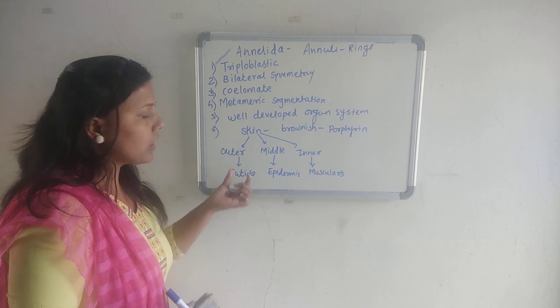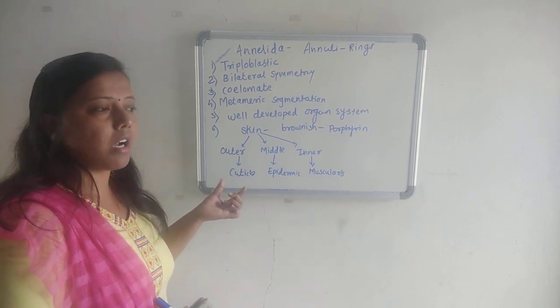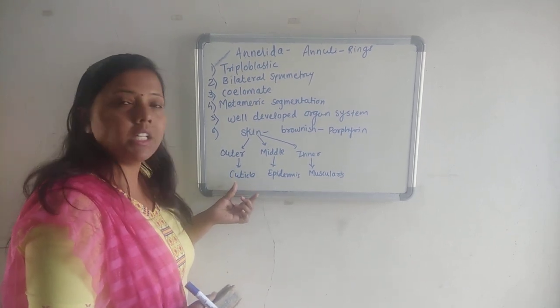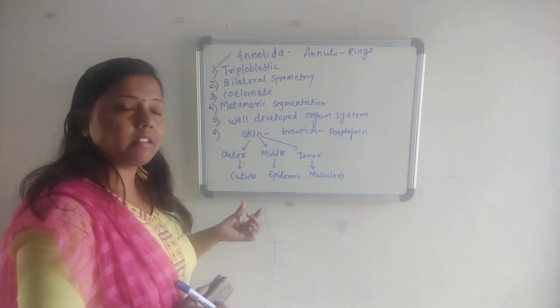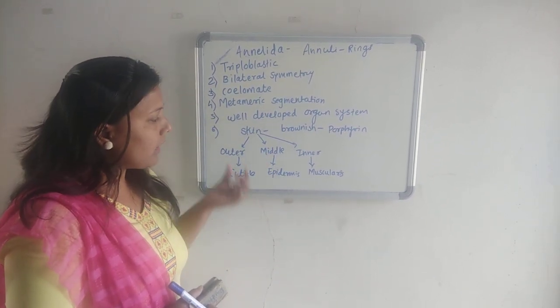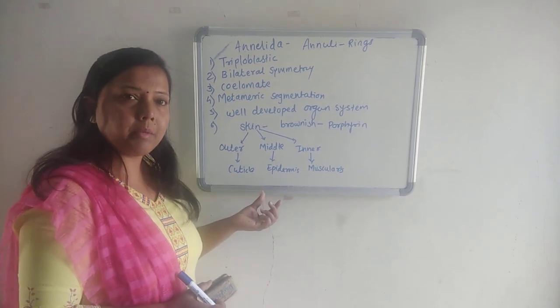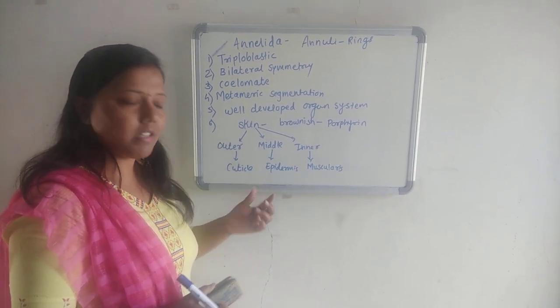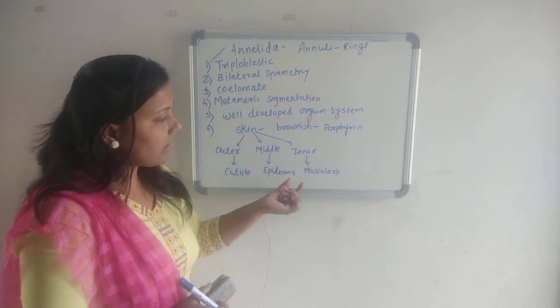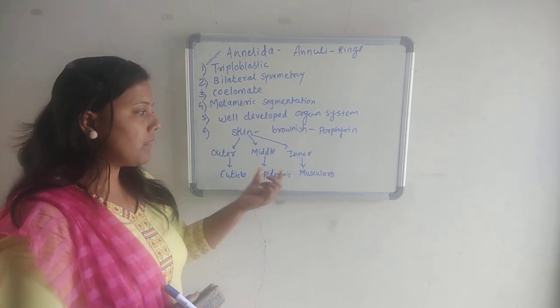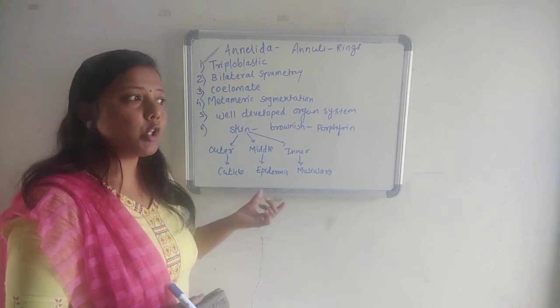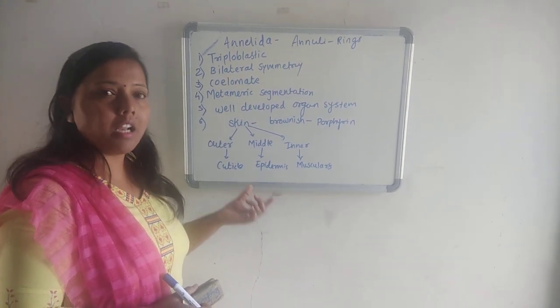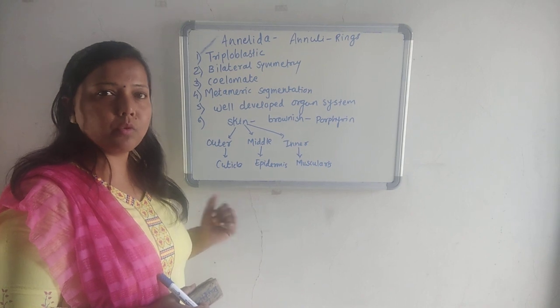The outer one, the cuticle, is the outermost layer, and because of this cuticle the animal always remains moist, because the cuticle layer contains mucus. The middle layer is the epidermis. This layer is just like our skin, and the inner layer is the muscularis because it is made up of different kinds of muscles like longitudinal muscles and circular muscles, and these muscles help them in different kinds of movement.